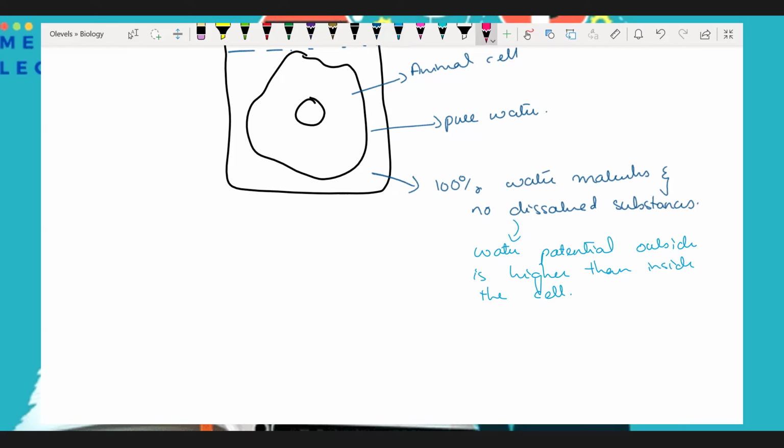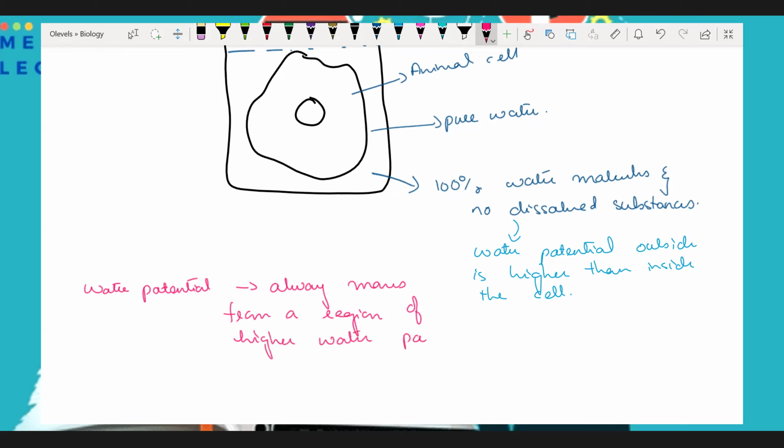So let me write it down over here: water always moves from a region of higher water potential to a region of low water potential, right?